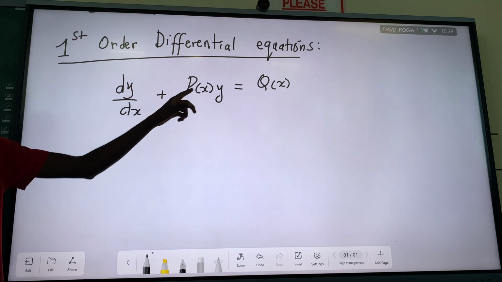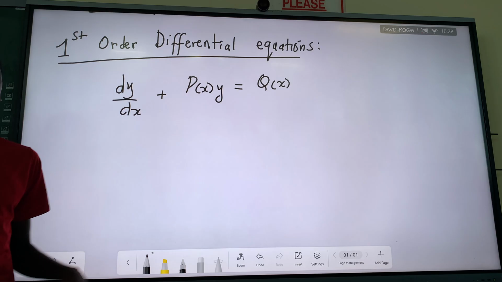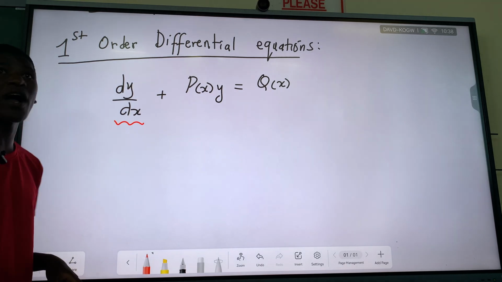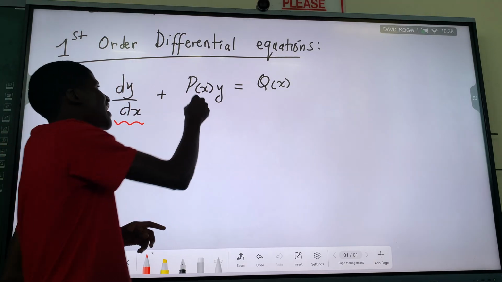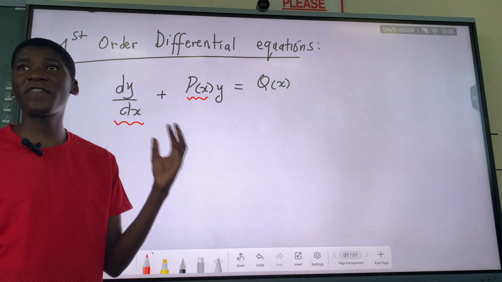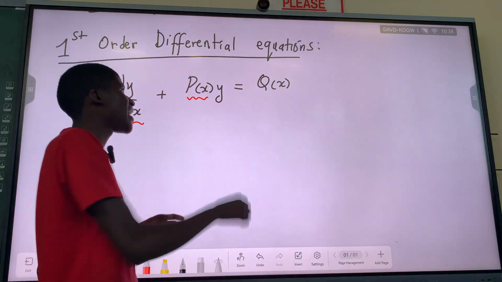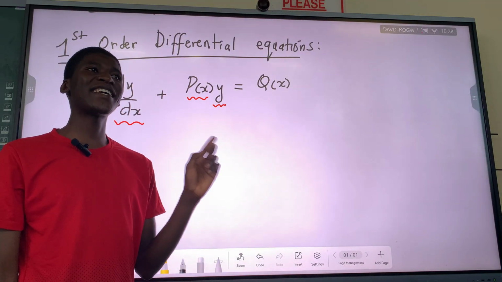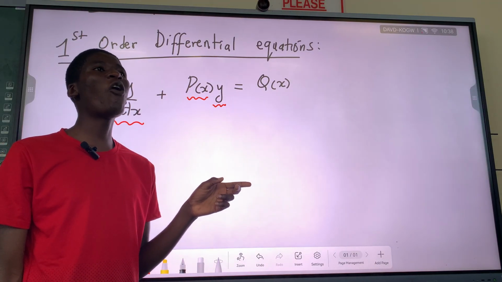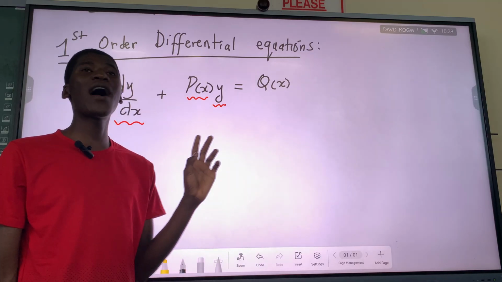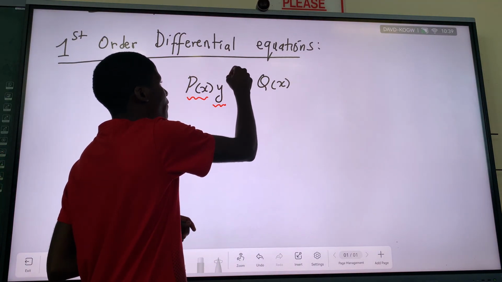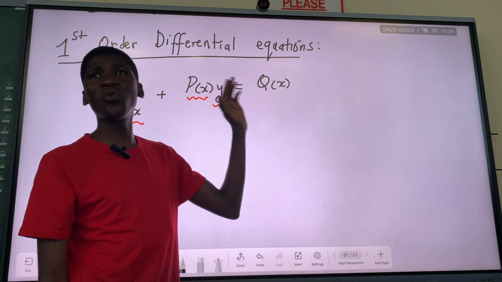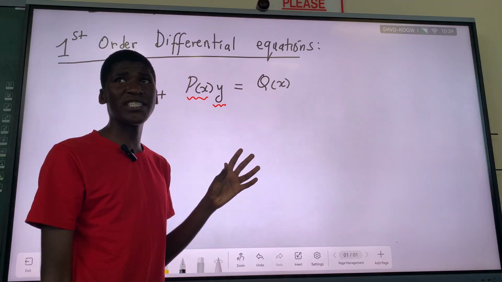So dy/dx plus p(x) times y is equal to q(x). When you have a first order differential equation, with the first derivative of y with respect to x as the first term, then the next term must be a function of x, multiplied by y, and y must be raised to the power of 1 or 0. So if y is raised to the power of 2, it's not a first order linear differential equation.